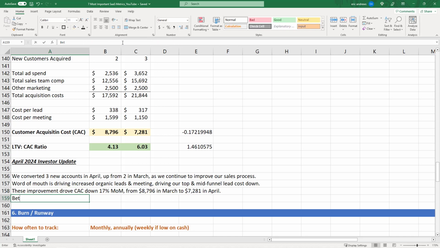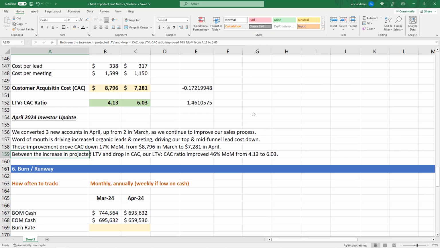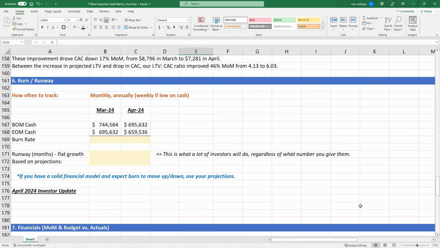And finally, between the increase in projected LTV and the drop in CAC, our LTV to CAC ratio improved 46% month over month, from 4.13 to 6.03. So that's obviously really good news. That's going to give your investors a good sense of how you're trending.